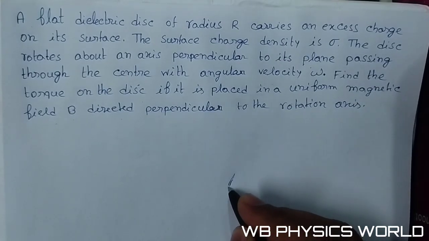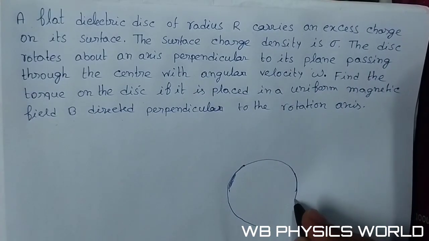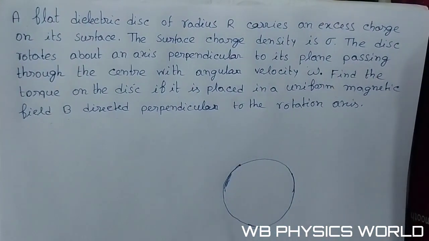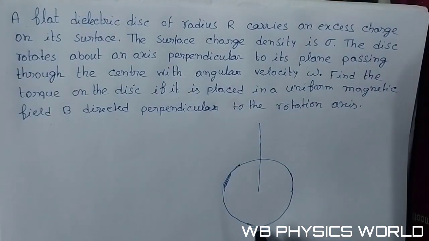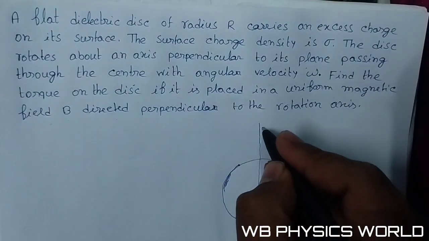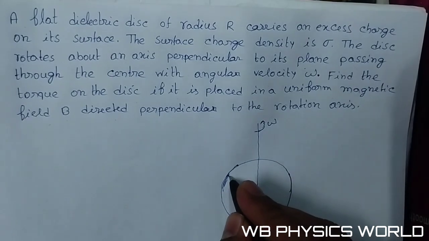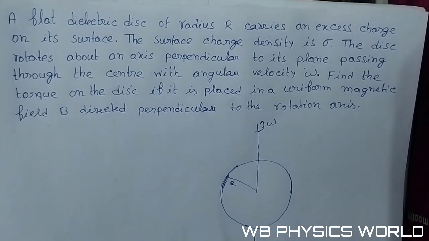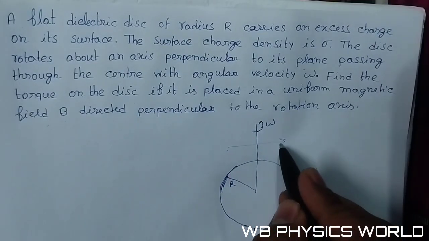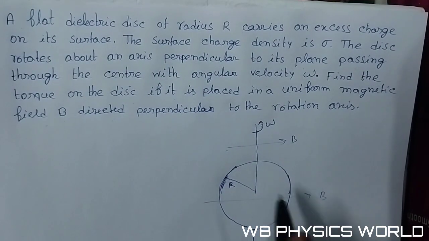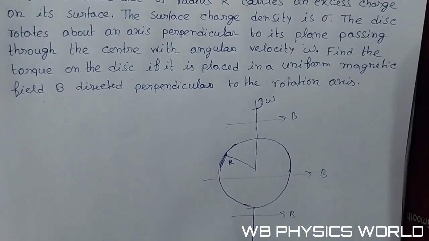Now consider a disc of radius r which is rotating about an axis with angular velocity omega, and its radius is r, and the magnetic field is perpendicular to the rotation axis, so the magnetic field is directed in this direction.